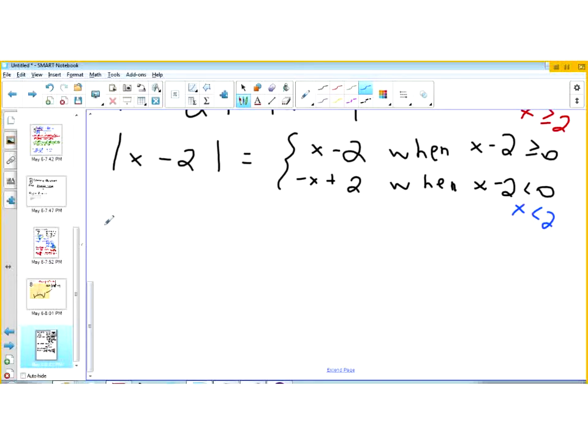And do the same thing for the absolute value of x plus 1.